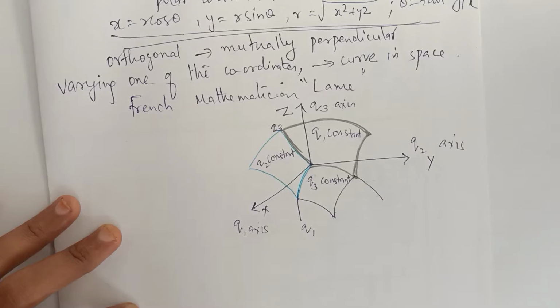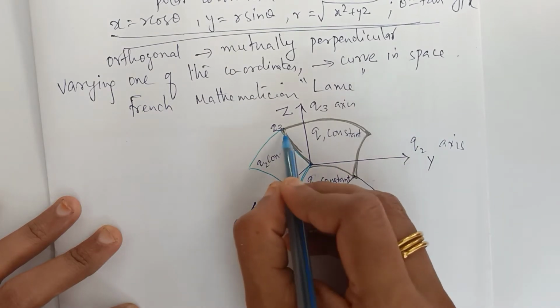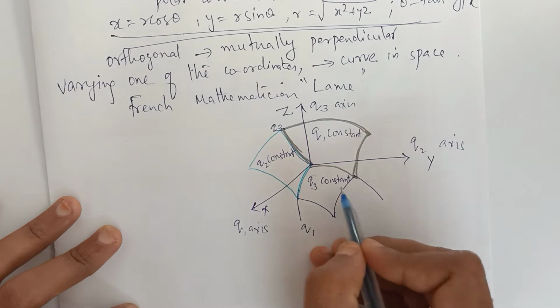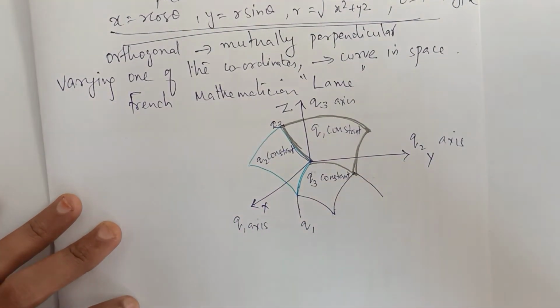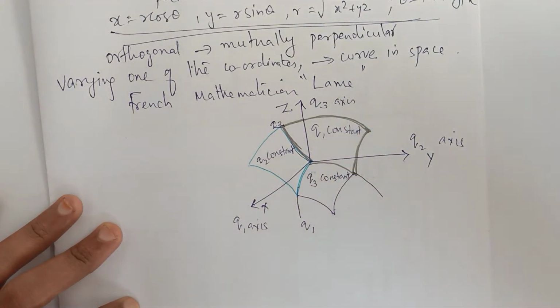From this diagram we can see that we have 3 surfaces. We have coordinate axes x, y, z, which are mutually perpendicular, and we also have 3 new families of surfaces.